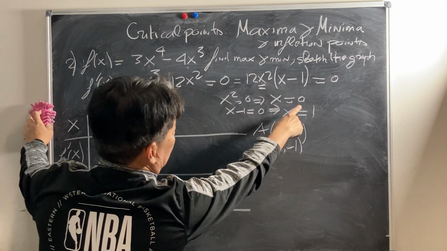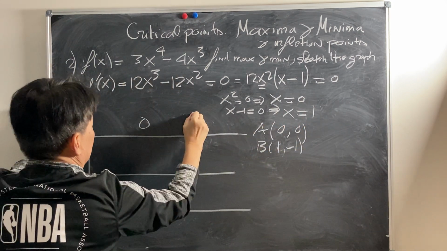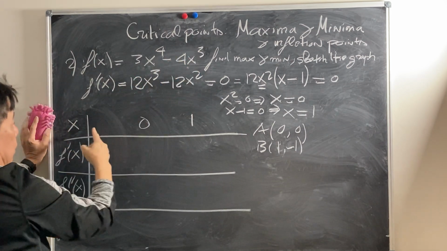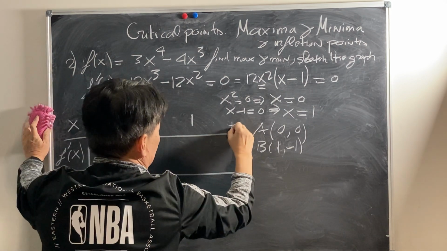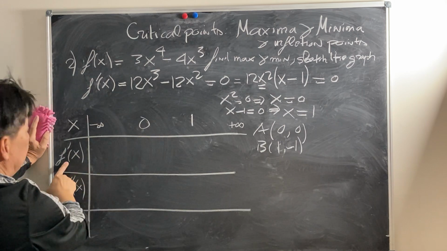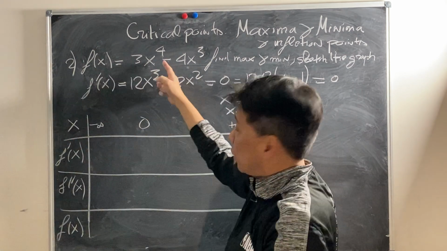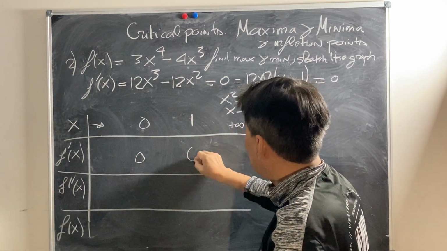So we have x equals 0 and x equals 1. This function 3x^4 minus 4x cubed goes from negative infinity to positive infinity. When x equals 0, the first derivative of this function equals 0, and at x equals 1, this one equals 0.